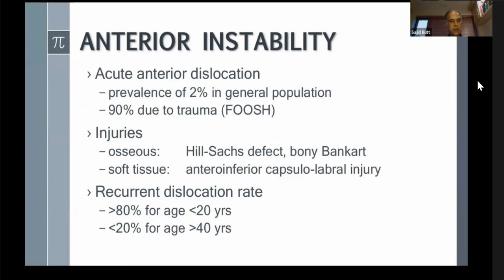The soft tissues can get affected in terms of anteroinferior capsulolabral injury. Patients who are younger than 20 years of age can have recurrent dislocation. Only less than 20% of cases are beyond 40, so it's a problem of the young patients.